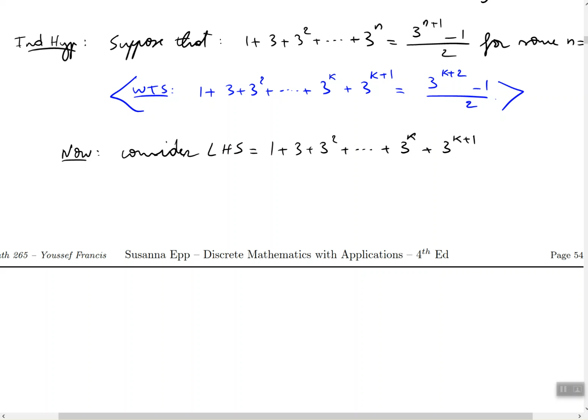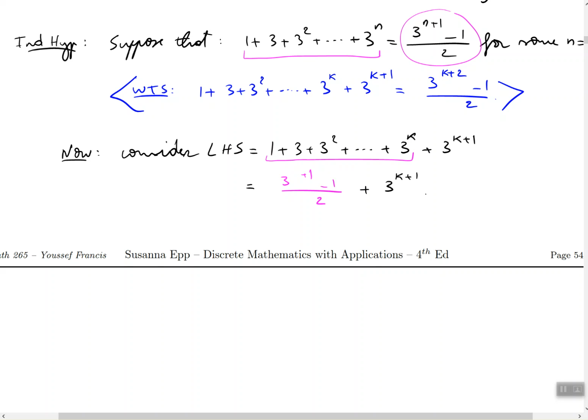Just keep in mind that all of this right here is similar to the 1 plus 3 plus 3 squared, which was the inductive hypothesis. So that whole thing can now be replaced with the fraction 3 to the k plus 1 minus 1 all divided by 2. And we're left with the extra 3 to the k plus 1 at the end.